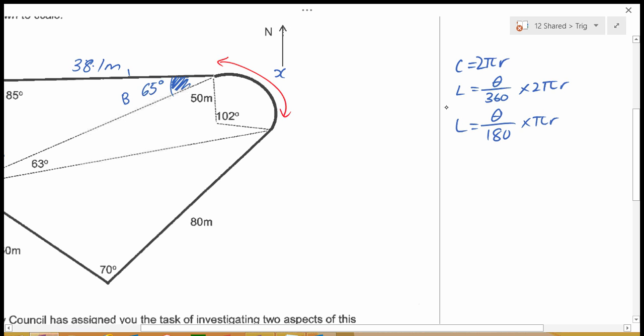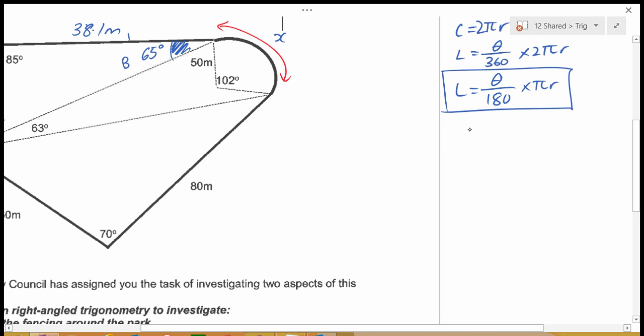You're given this formula, so you don't have to do that work. Let's put in the things we know: the angle is 102 degrees and the radius is 50. Putting that into our calculator, we get 89.0 metres.